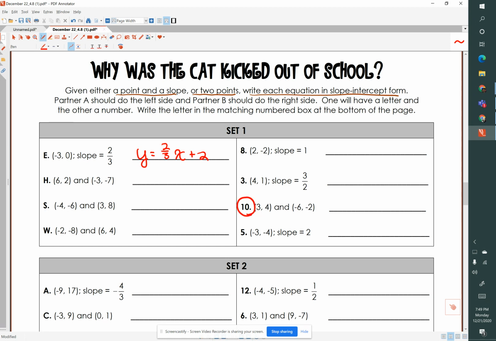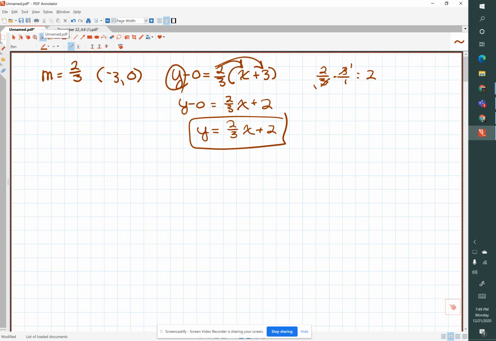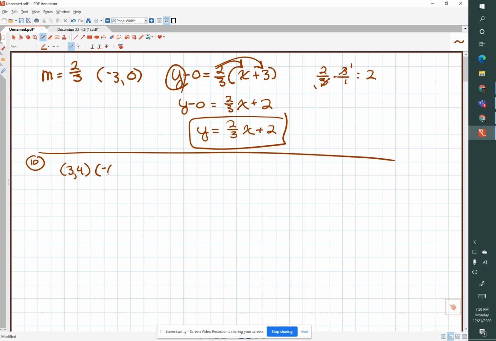Okay, we have the points 3, 4, and -6, -2. So when we have 2 points, first we have to find the slope, m equals, so this will be our x sub 1, y sub 1, x sub 2, y sub 2.